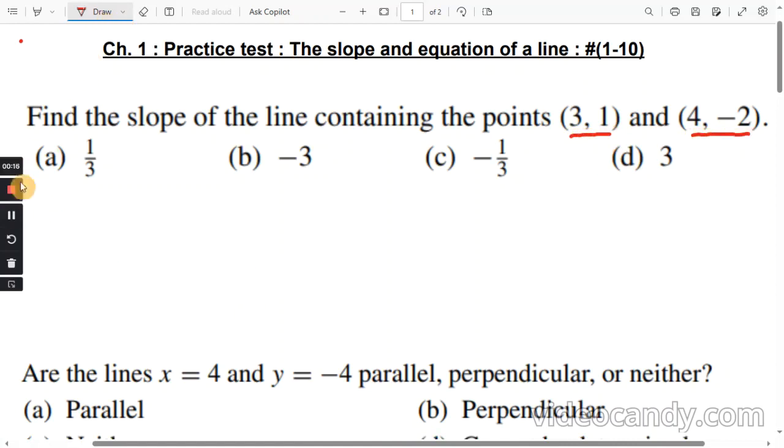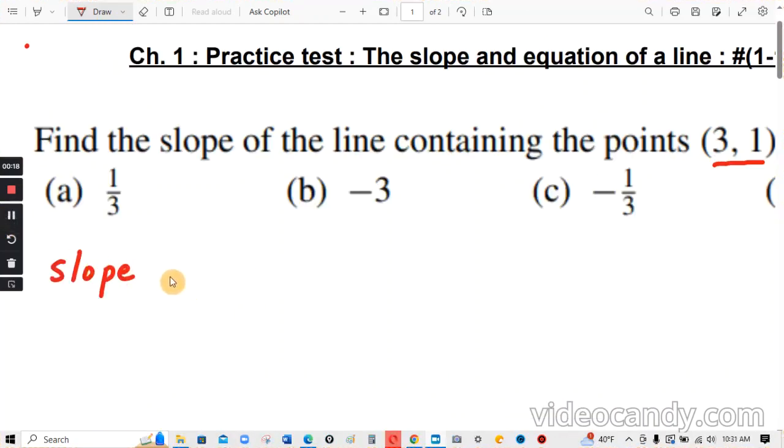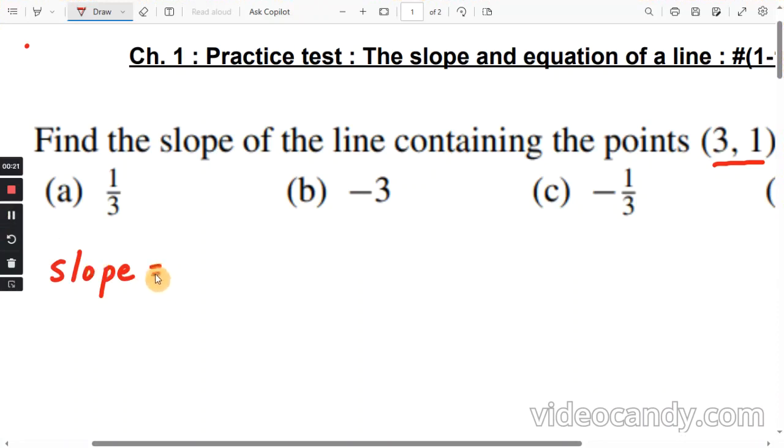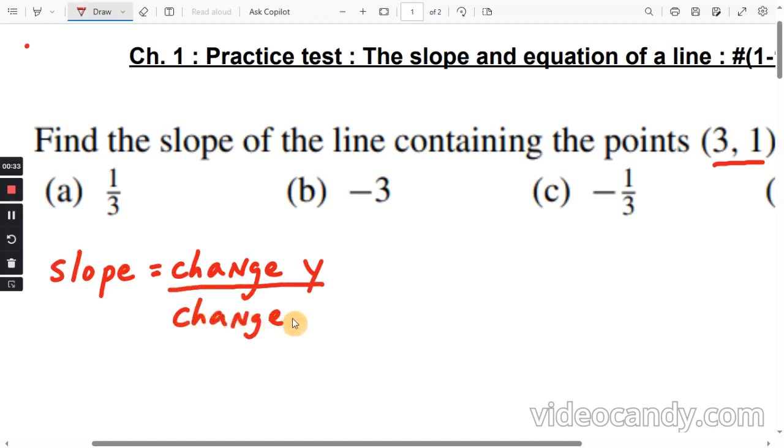All right, so for slope, we are just doing change in y divided by change in x. So in terms of a math formula, it's going to be y2 minus y1 divided by x2 minus x1.